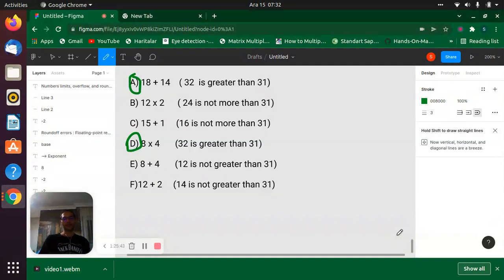Before this, number limits, overflow, and roundoff are already finished. We did some practice. Next will be storing text in binary, then converting analog data to binary. Then all topics will finish.